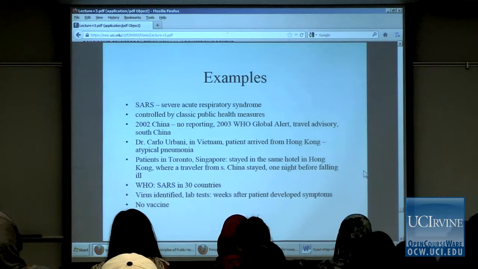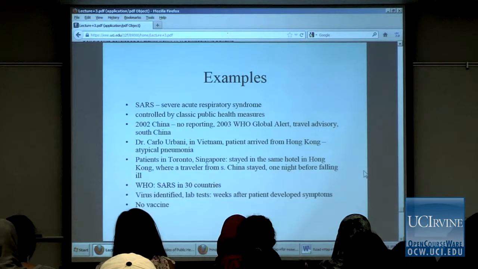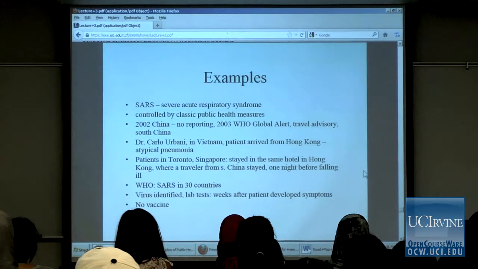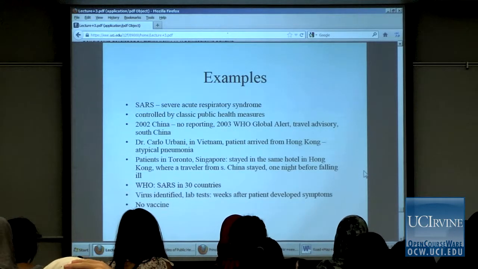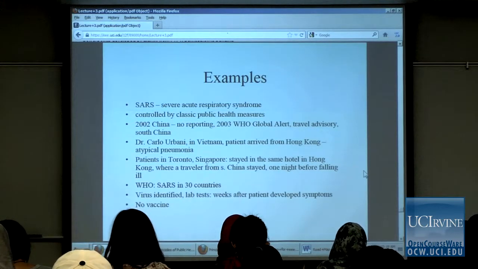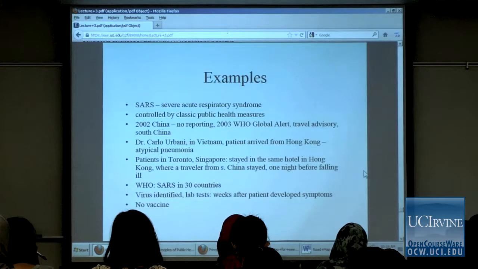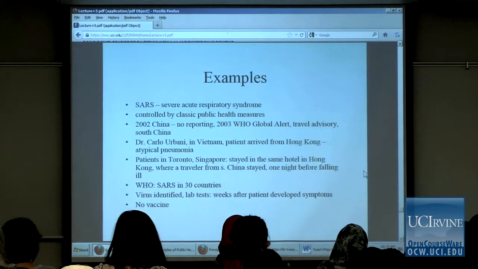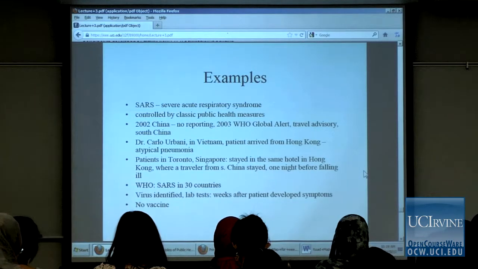Some examples of how public health works: SARS, the severe acute respiratory syndrome. If you look at the historical perspective, many of these infectious diseases start, or are discovered, by accident or suddenly. There is a report about an unusual experience of some symptoms.